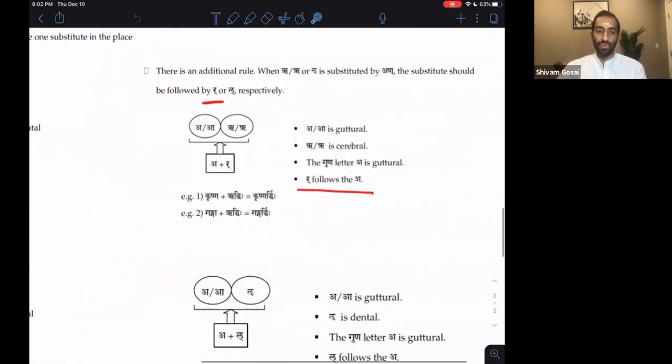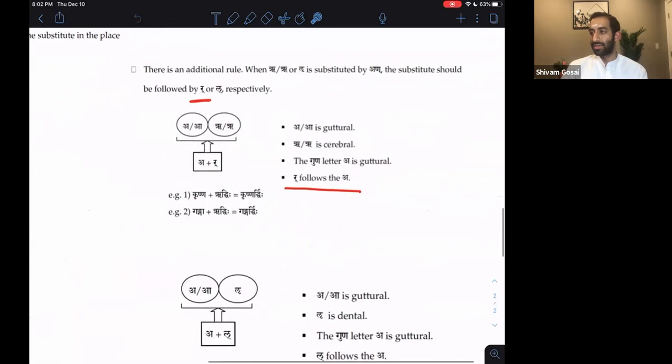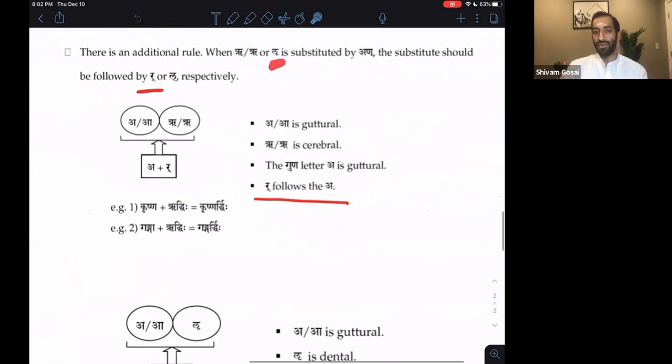Now there's an additional rule that takes place, and that's when I have r or this lkara, these are all vowels, remember, and those are substituted by akara.